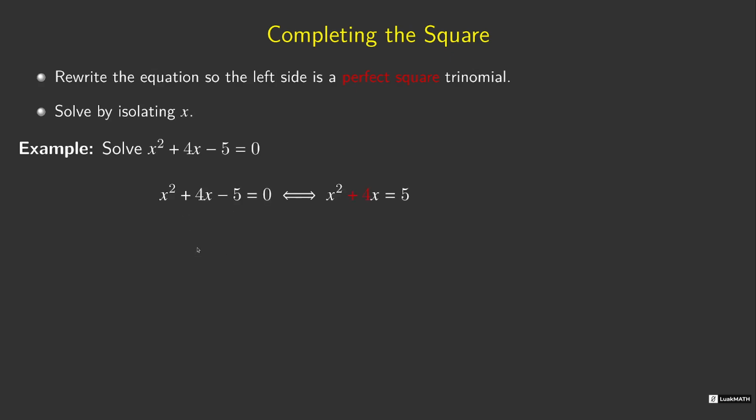Now the very first thing that I do here is I move the minus 5 to the right hand side. As you can see here, you see minus 5. Because there's a minus sign, if I move it to the right hand side, I lose the minus sign. That's why I have a plus 5 here. Okay.